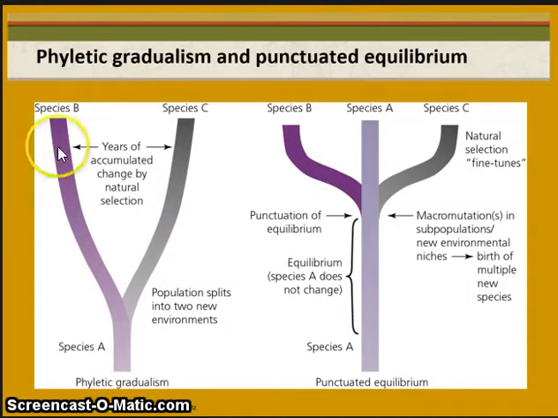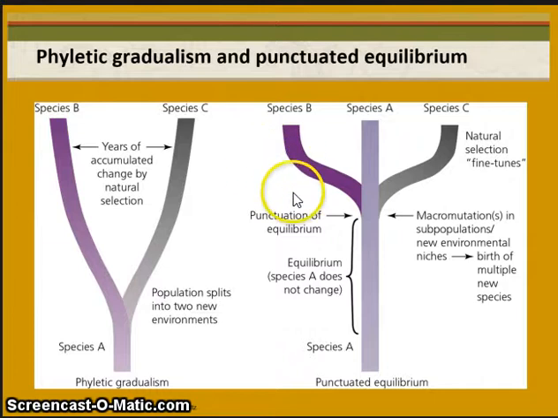This is a diagram from the book that compares phyletic gradualism and punctuated equilibrium. When we think of phyletic gradualism, we think of one parent species that slowly, over time, evolves into two separate species.